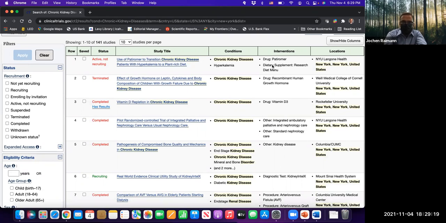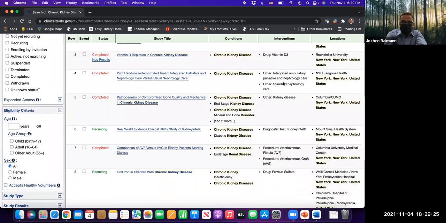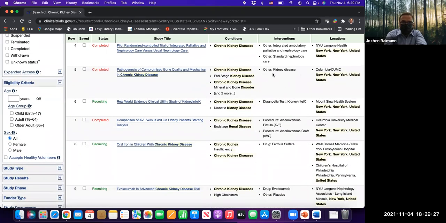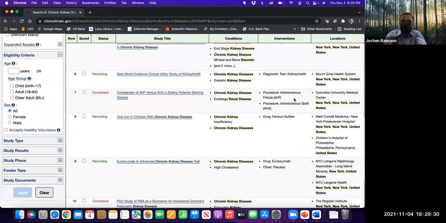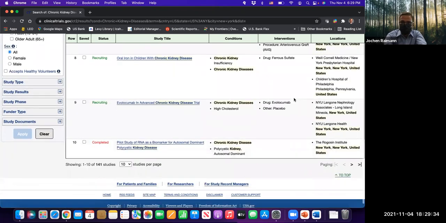So this is from NYU. This is patiromer, a potassium binder, recombinant human growth protein, vitamin D3 at Rockefeller. So you can go through all studies that are currently conducted. Columbia, Weill Cornell, NYU, Rogosin.